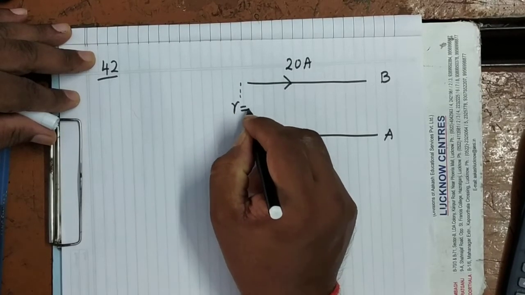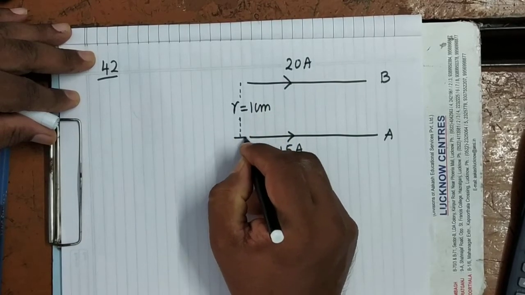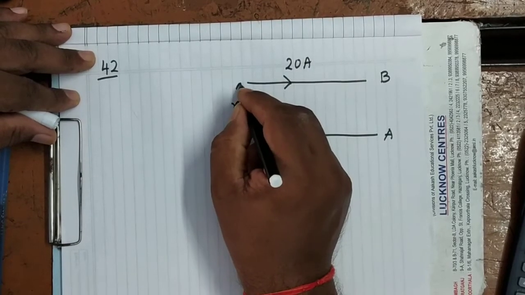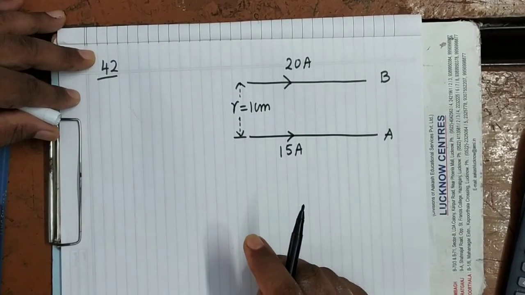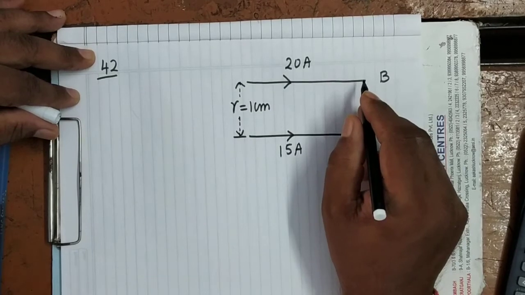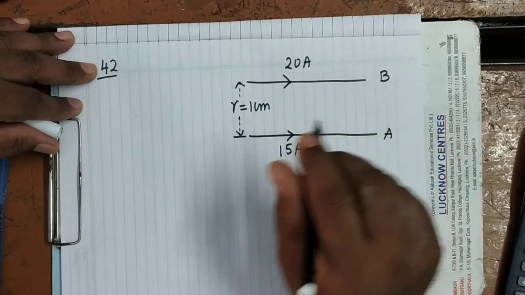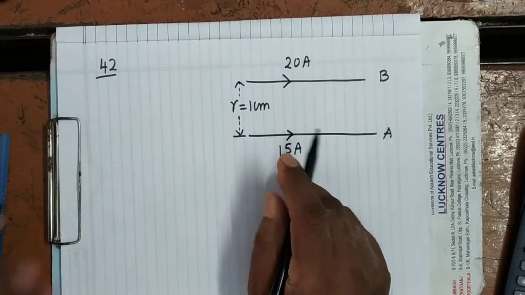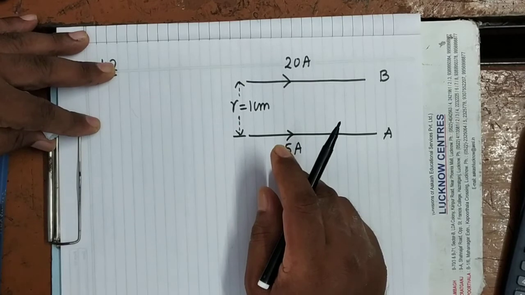It is given r equals 1 centimeter. This separation is given 1 centimeter. You have to find the force acting on the wire B due to the current flowing in this wire. As you know, what is the formula of force acting between two straight parallel wires?